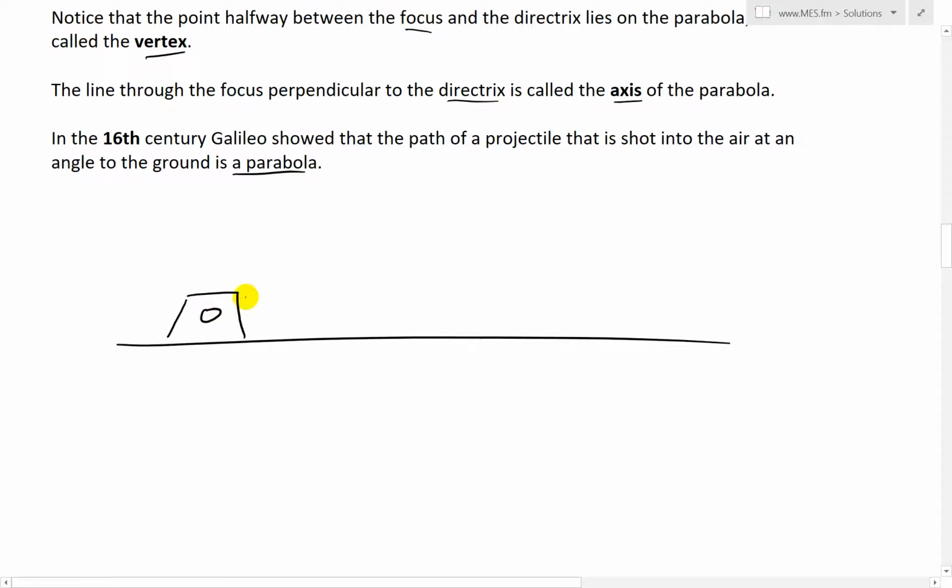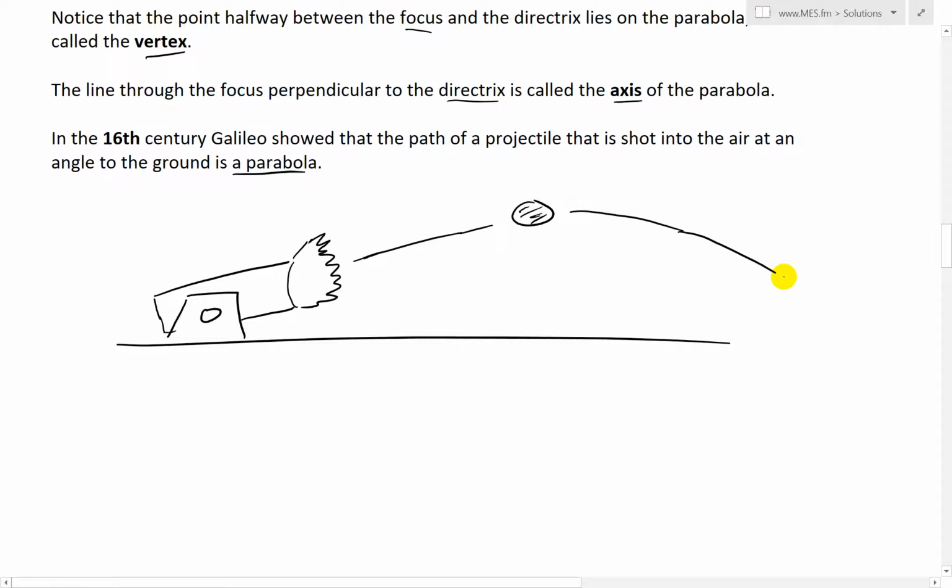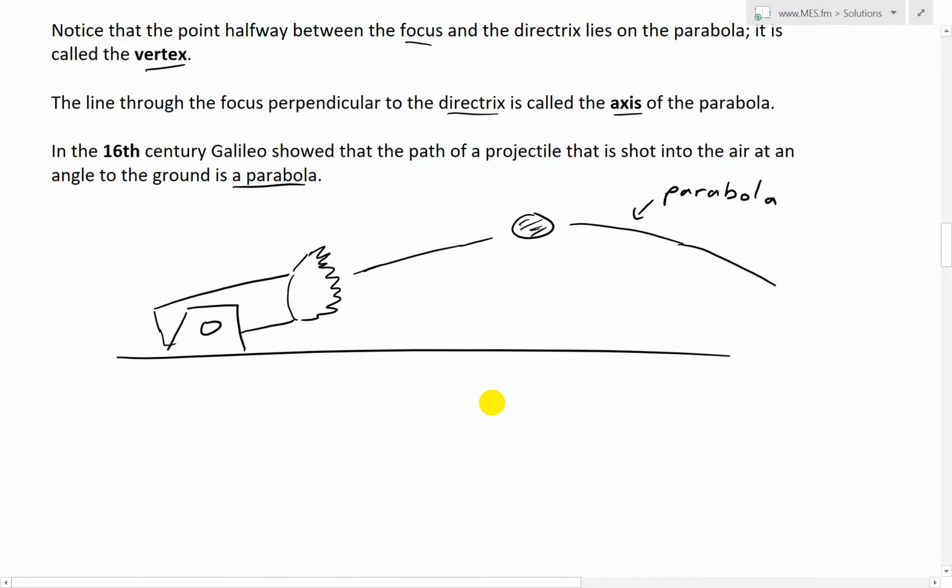Let's say this is holding the cannon, and then you fire it off, you blast it, and whatever it shoots out is going to be in a parabola. Let's say it's a cannon, and then you have a parabola shape of its travel path. So that's a very cool discovery by Galileo.